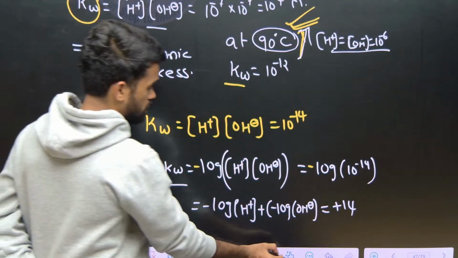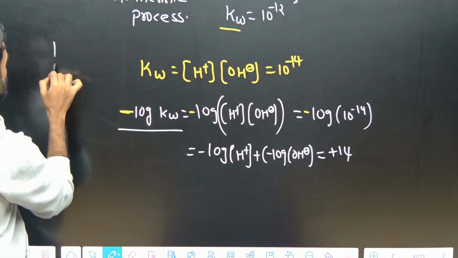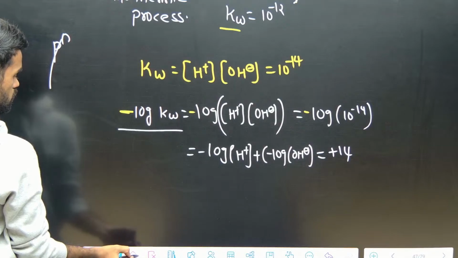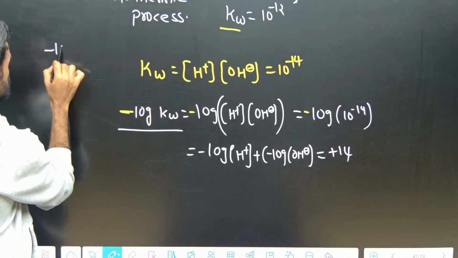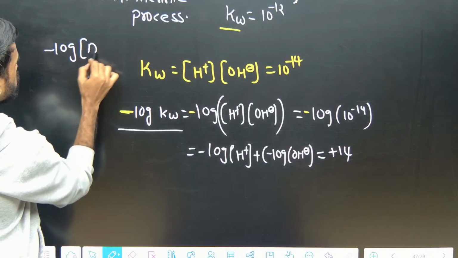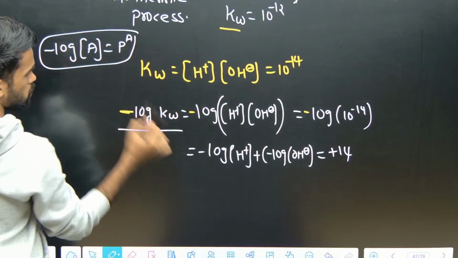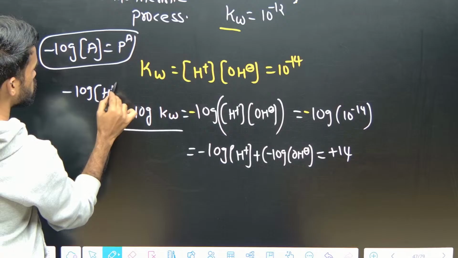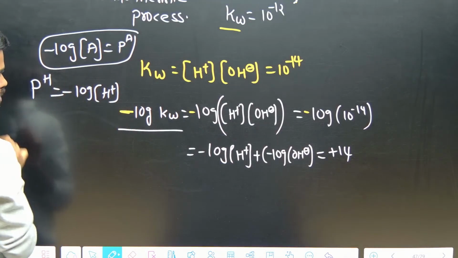Okay, that's it. So now you can see this: whenever we have minus log of A, you can write this as pA. So here I have minus log of the concentration of H plus ion, so I can write this as pH.